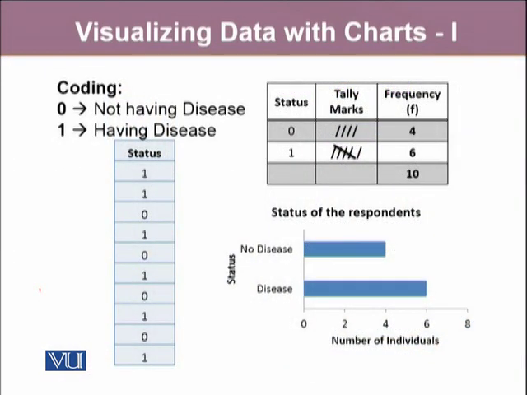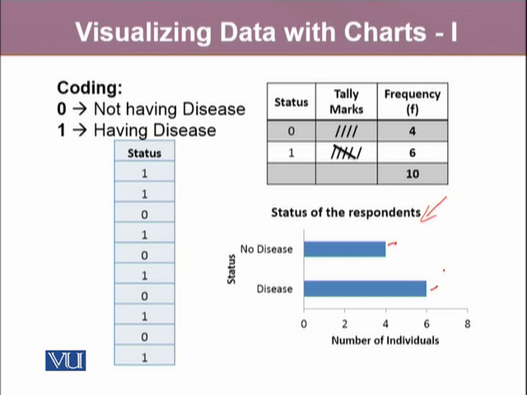Let's take this example of status variable, since we already have talked about its coding and its frequency table. For this variable, right now, we have the status of the respondents drawn as a bar chart, especially as a simple bar chart, where each bar represents each individual category in our data.